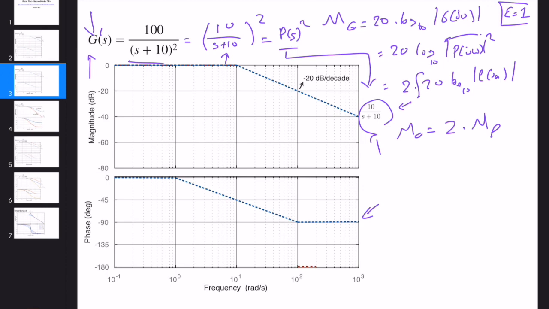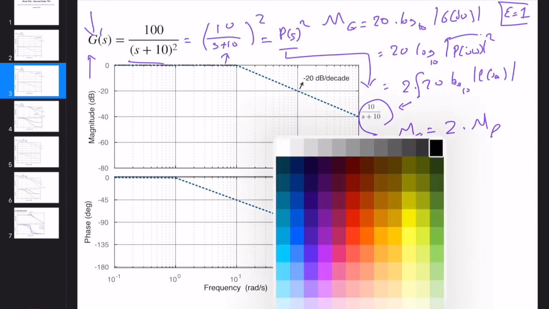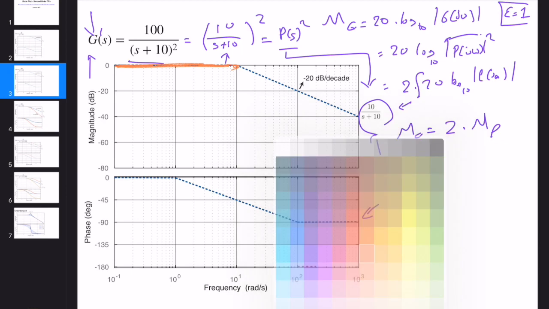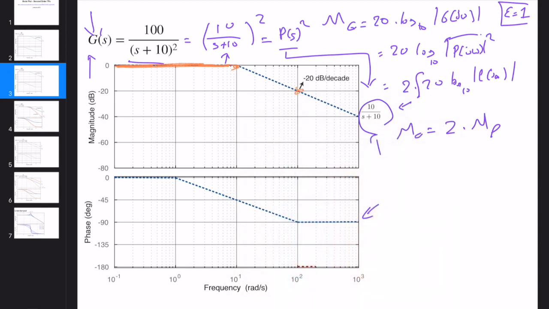Let's do it, and let's change the color. So 0 times 2 is equal to 0. Here, let's concentrate on this point. Minus 20 times 2 is minus 40. If I look at this, minus 40 times 2 is minus 80.